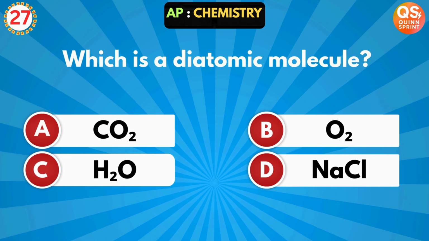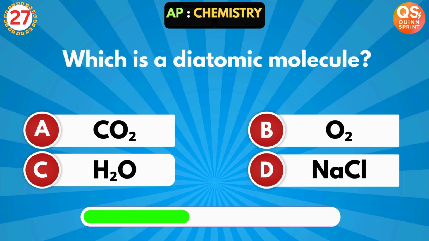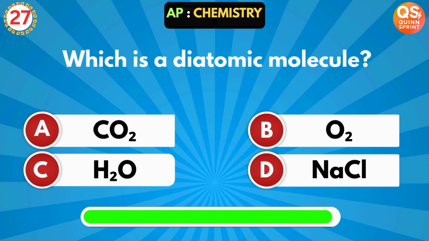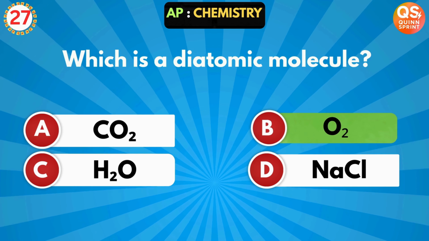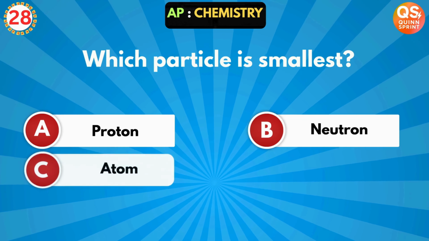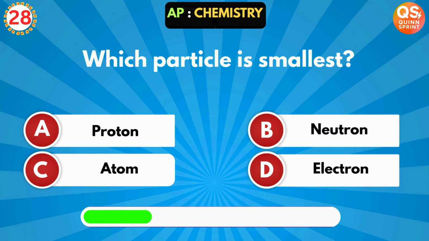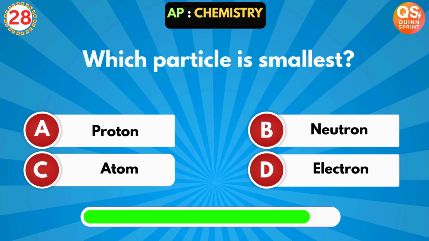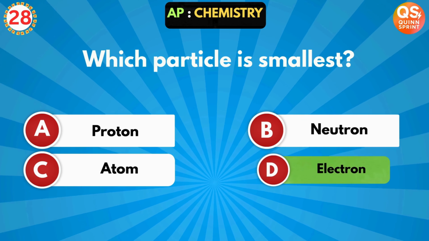Which is a diatomic molecule? Dioxygen. Which particle is smallest? Electron.